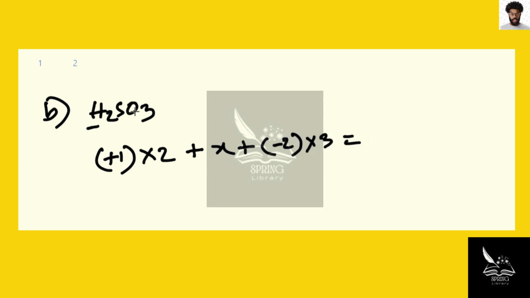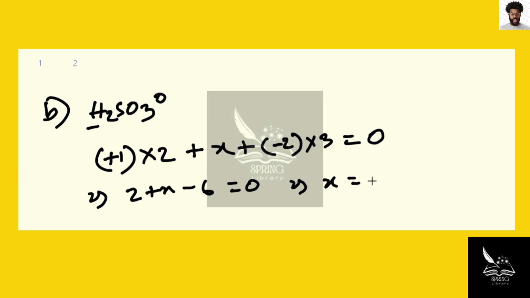And since it's a neutral molecule, it has a 0 charge on it. That means we have 0. And if we just solve it, we have 2 plus X minus 6 is equal to 0. And ultimately we'll have X is equal to +4. So in sulfurous acid, the oxidation state of sulfur is +4.